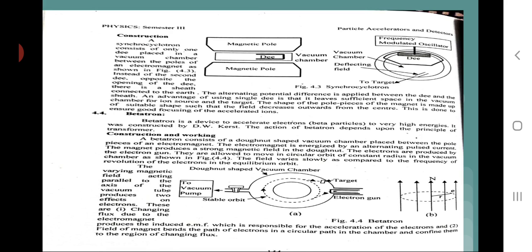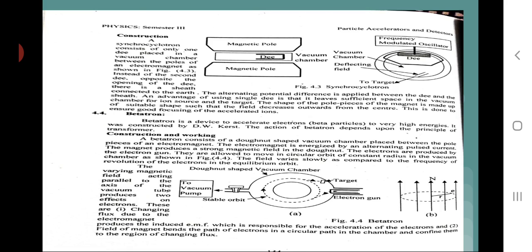A synchrocyclotron consists of only one D placed in a vacuum chamber between the poles of an electromagnet as shown in figure. Instead of the second D, opposite the opening of the D, there is a dummy sheet connected to the earth. The alternating potential difference is applied between the D and the sheet.